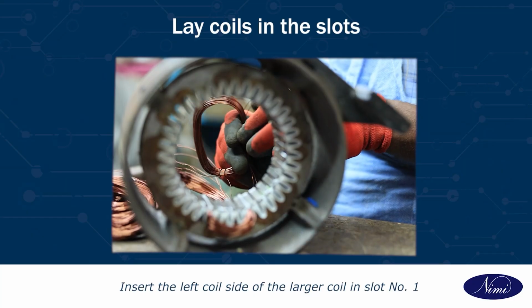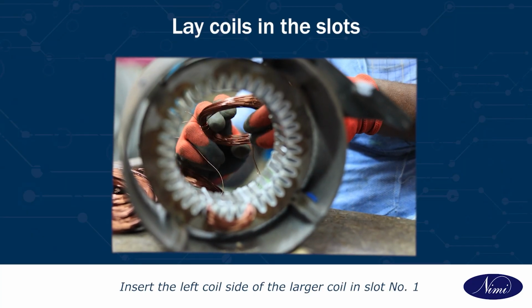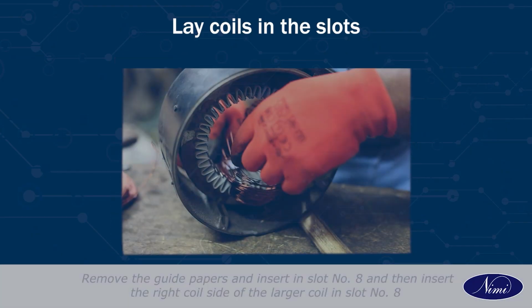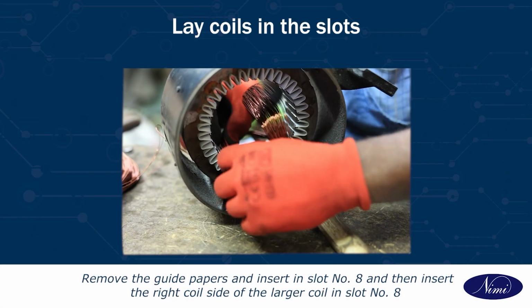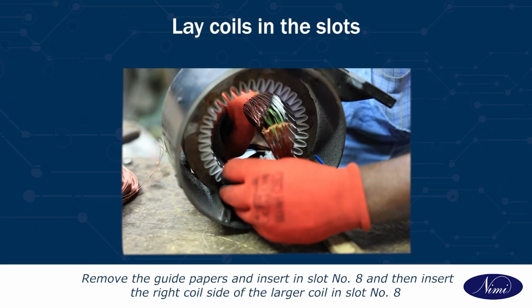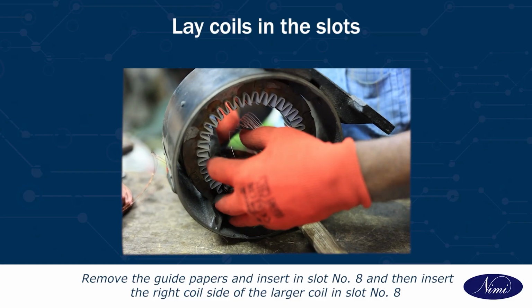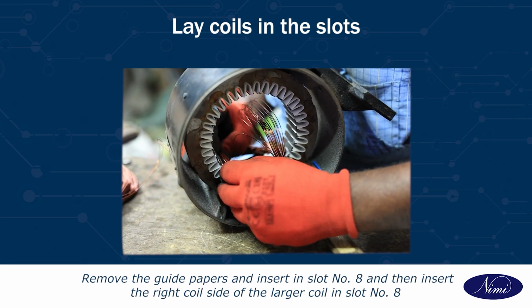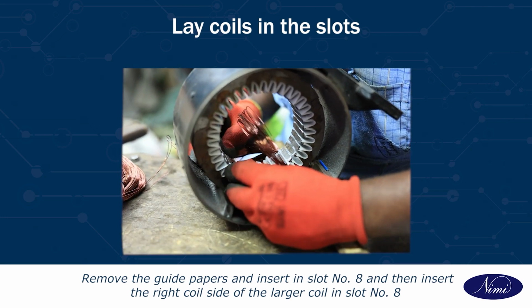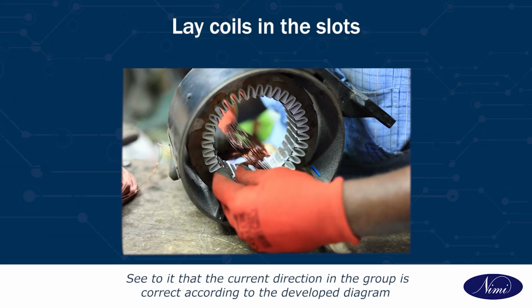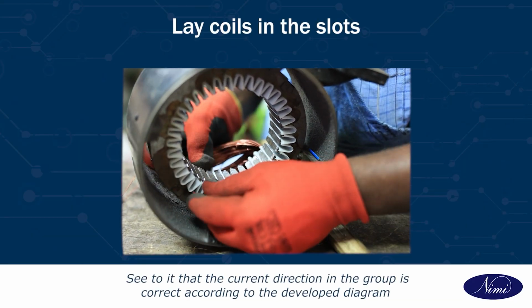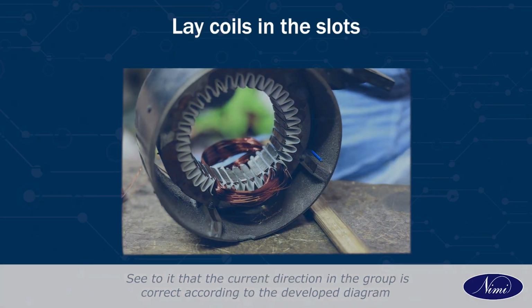Insert the left coil side of the larger coil in slot number 1. Remove the guide papers and insert in slot number 8, and then insert the right coil side of the larger coil in slot number 8. See to it that the current direction in the group is correct according to the developed diagram.